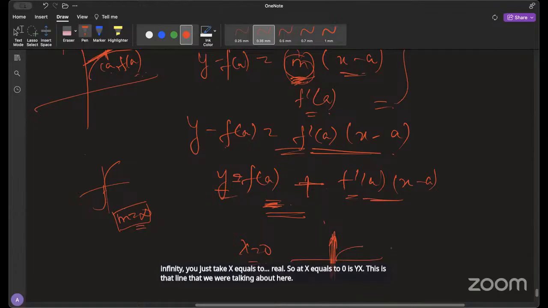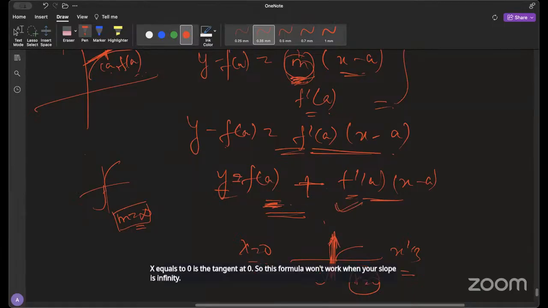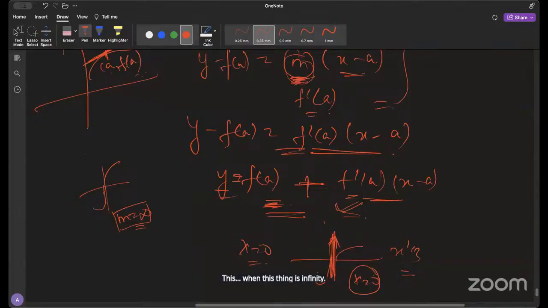So when you take x to the power 1 by 3, you get your slope equals infinity, and this is the tangent. X equals to 0 is the tangent at 0. So this formula won't work when your slope is infinity.